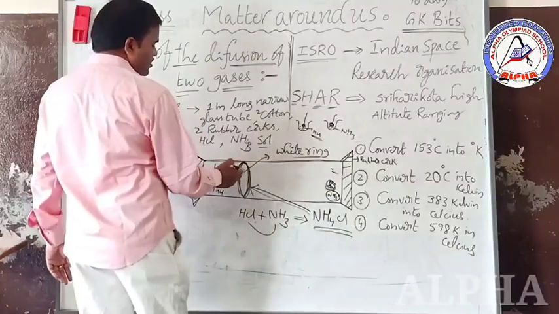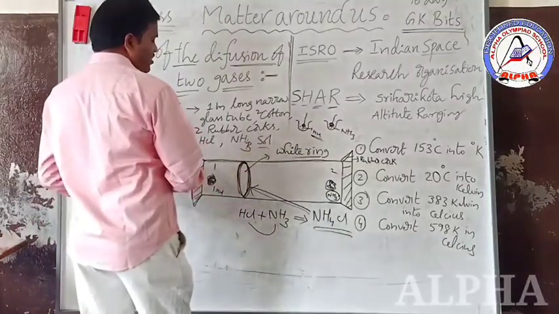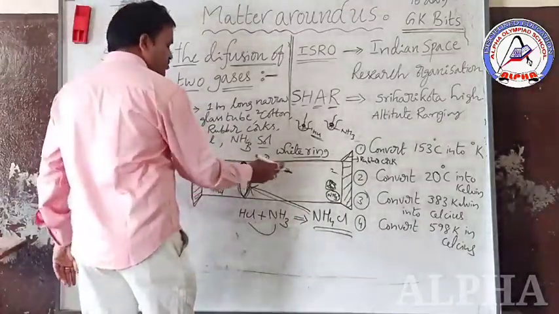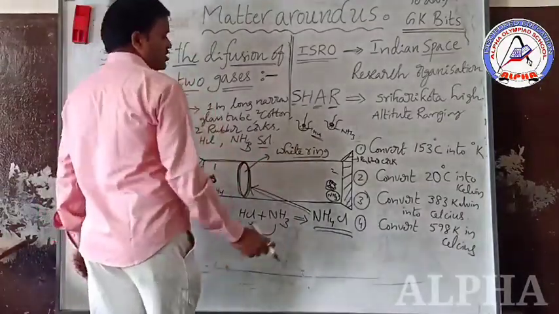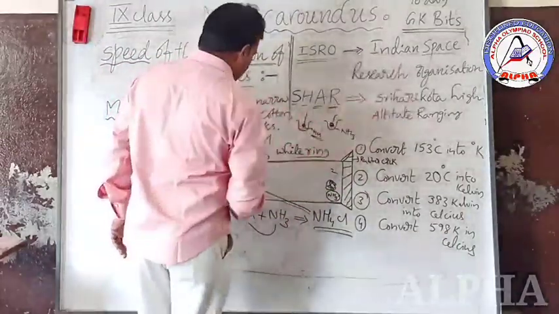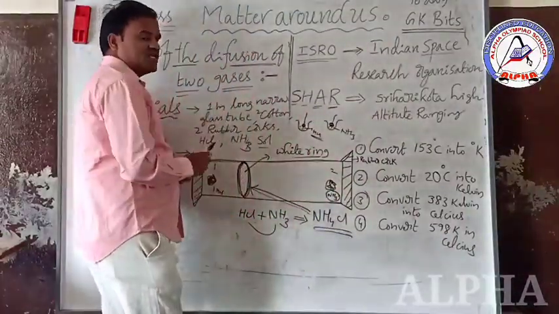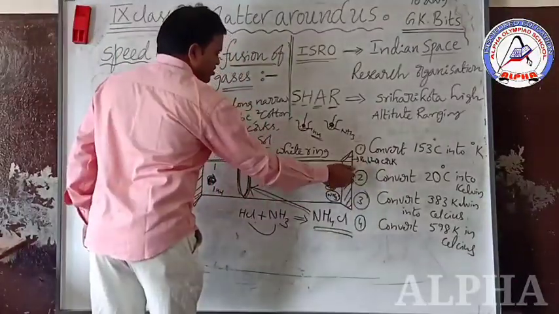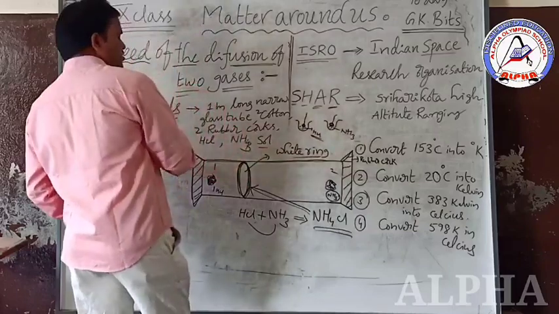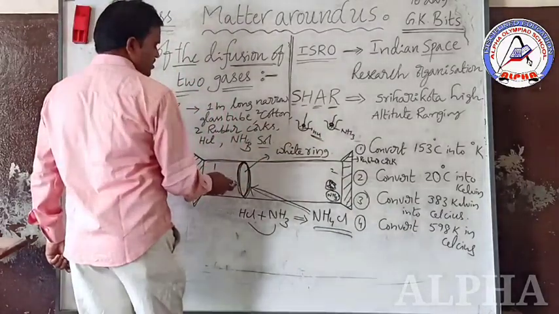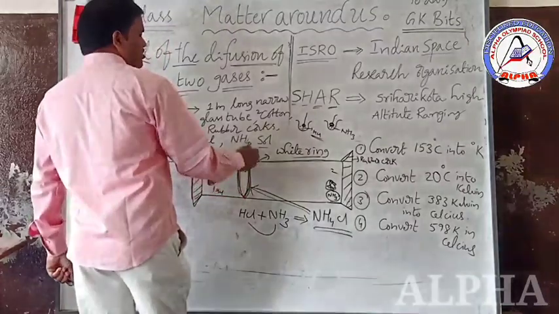It is formed nearest to the HCl. Why is it not formed here? Because the diffusion of ammonia gas is more than the diffusion of HCl gas. That's why ammonia gas moves faster to this side, reacts with HCl, and forms the white ring.